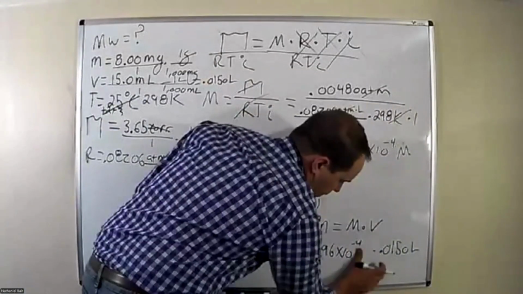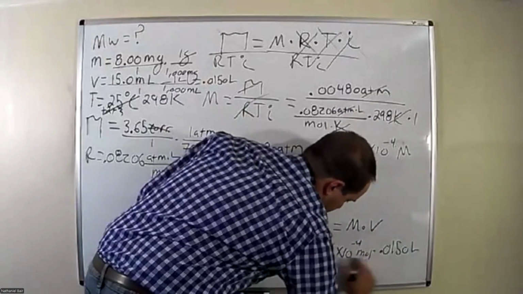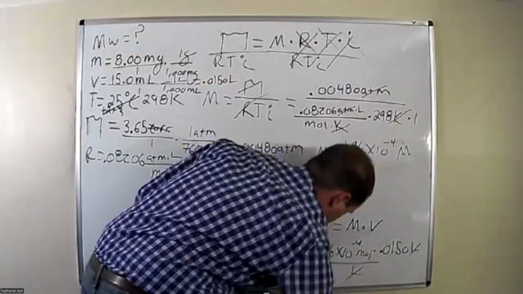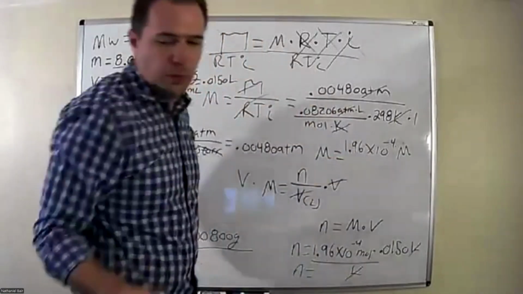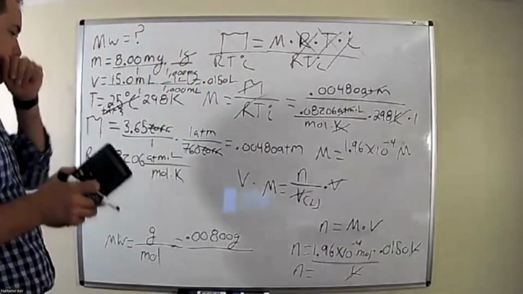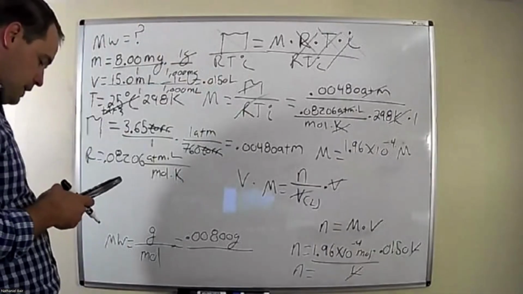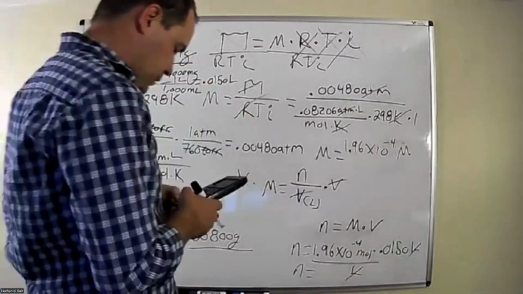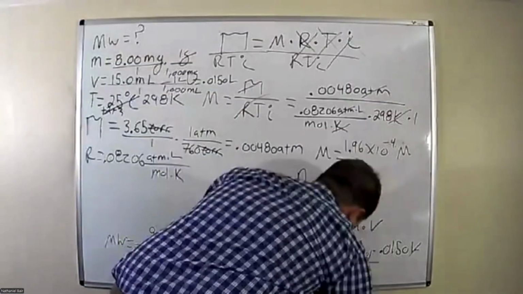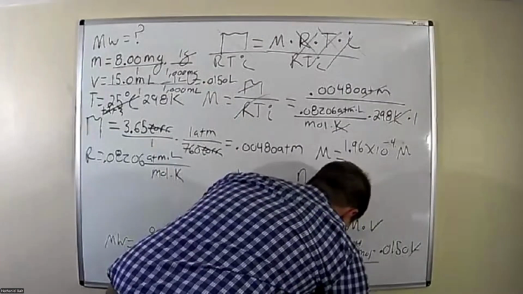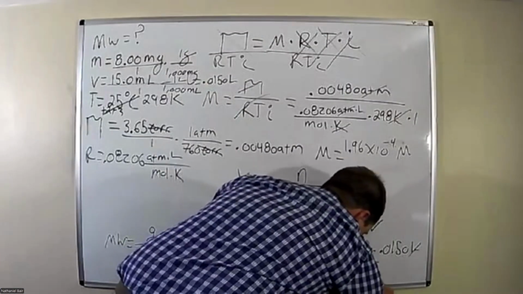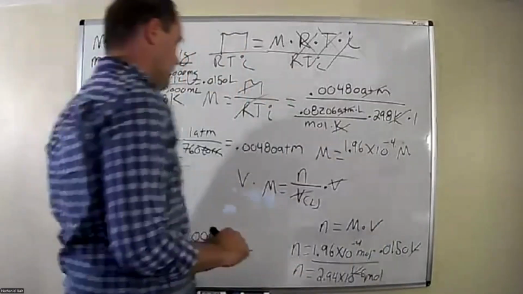If you're super into units, remember capital M molarity is moles per liter, so the liters cancel out and we are left with moles. 1.96 e negative 4 times 0.015 is 2.94 times 10 to the negative 6 moles.